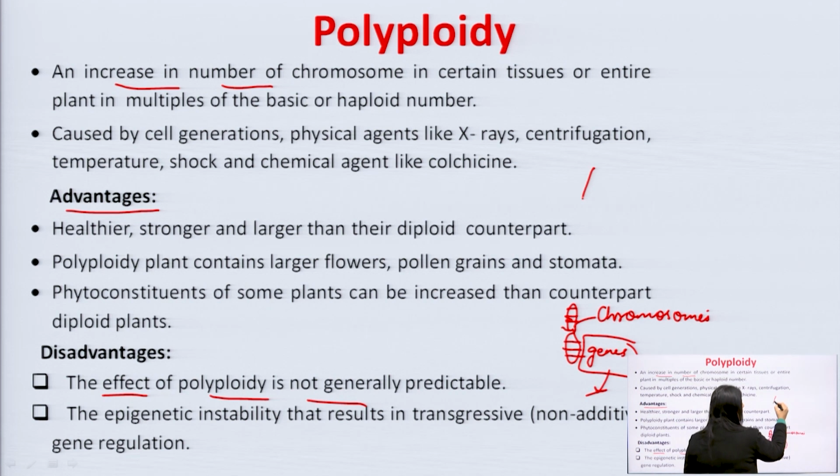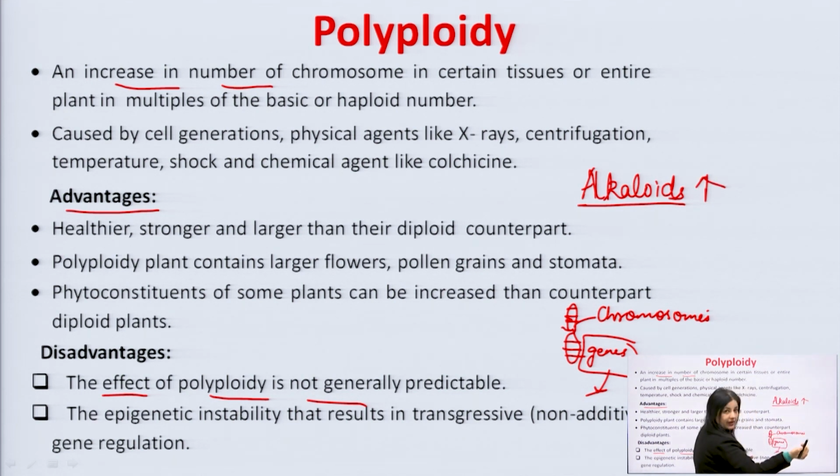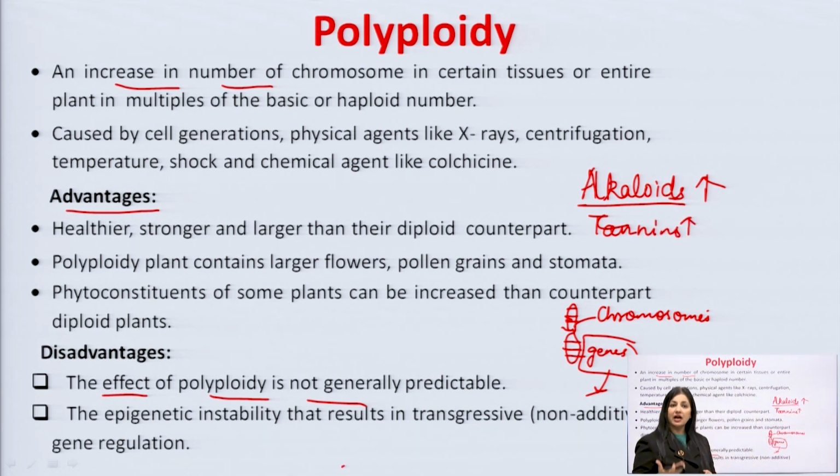Say, if you want an increase in the content of alkaloids, or you want the tannins to be higher than the normal production, then you can go for these techniques. So you are making genetic changes, genetic manipulations, so that you can get that result.